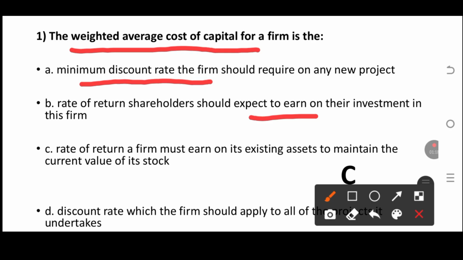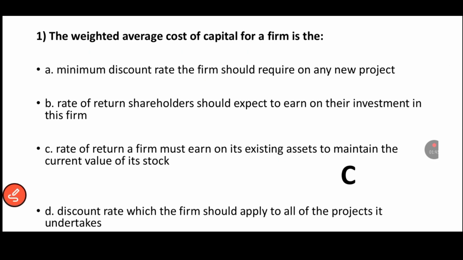C. The rate of return a firm must earn on its existing assets to maintain the current value of its stock. This is the weighted average cost of capital, basically. This choice is the correct choice. D says the discount rate which the firm should apply to all of the projects it undertakes.